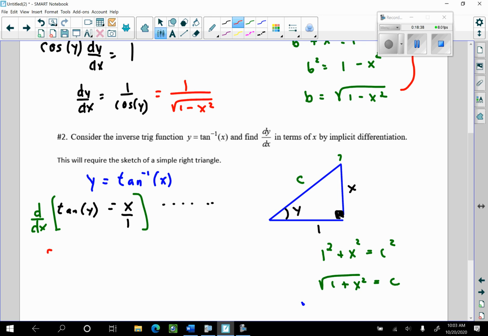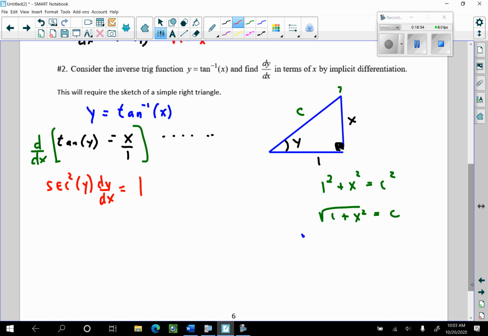So this is going to be secant squared of y times the derivative of the inside, which is dy dx, is equal to 1. But hey, keep in mind, hello neighbor, what is secant squared? 1 over cosine squared, correct?